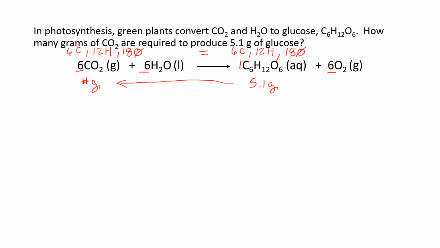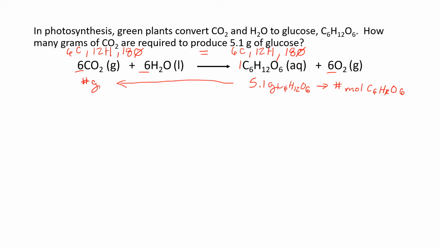Okay, so recall in the previous problem, if we start in grams of glucose in this case, what do we want to do? We want to get in moles of glucose, right? So we'll use the molar mass as a conversion factor that'll allow us to go from grams of glucose to moles.